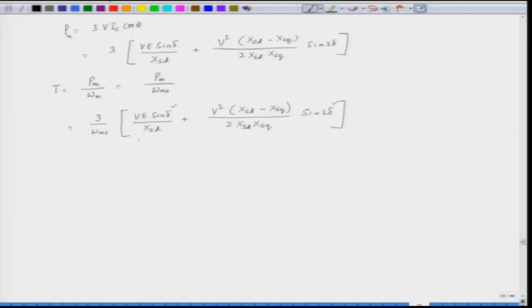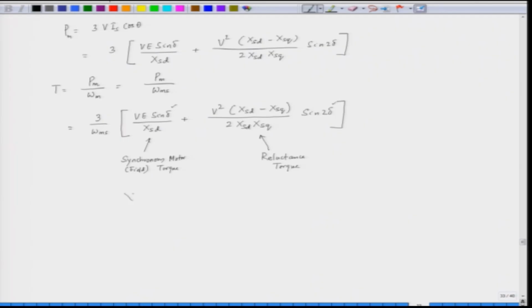Here, this is the normal synchronous machine torque, due to the field winding, the synchronous motor or field torque, and the second term is called the reluctance torque. This term is called the reluctance torque.